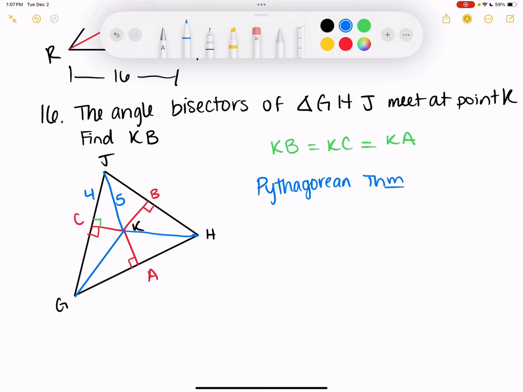So the Pythagorean theorem is a squared plus b squared equals c squared. That should have been in your chapter 1 theorems, postulates, formulas stuff that you did. It was way back when. You should have briefly seen this in Algebra 1 as well, probably at the end of the year. So this is a leg, this is a leg, this is the hypotenuse value.